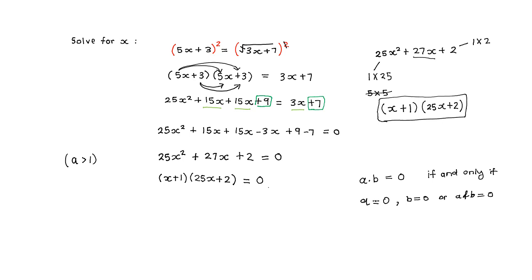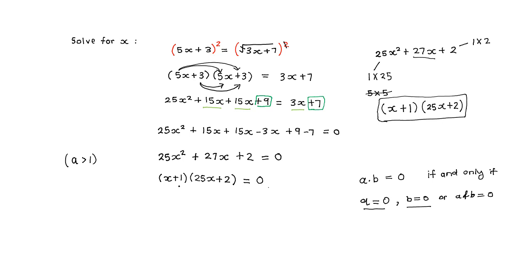So it's either A is equal to 0, because 0 times whatever this value is will be 0, or B is equal to 0, or both of them are equal to 0. We're not really that much concerned about both of them being equal to 0. What we are concerned about is this, and this part is what we use to solve this equation.